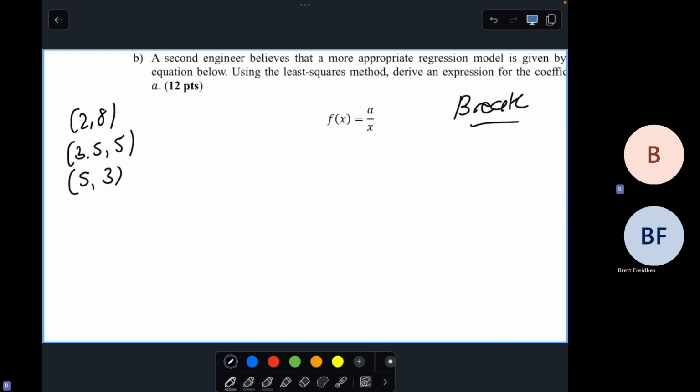You can pull the a out, so it's the summation of 1 over x squared. So I should be writing a over x. Oh, so then I can get the summation, and you multiply by the summation.